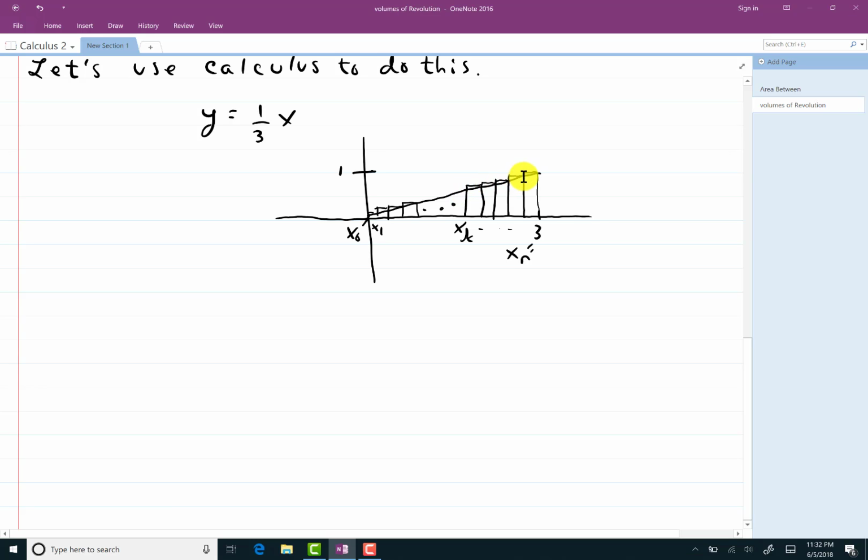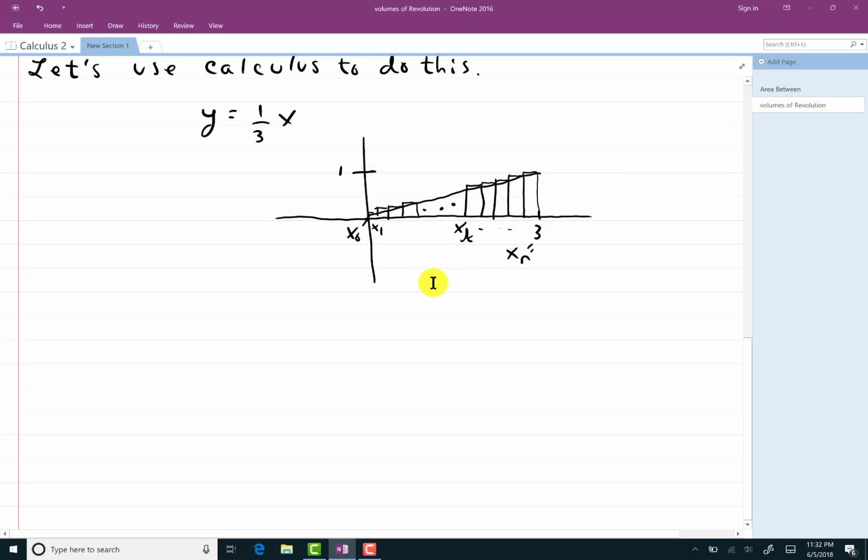Then we would let the number of rectangles increase to infinity, which would force the thicknesses of all the rectangles to go to nothing. Therefore, the area in the rectangles would eventually become exactly the area under the curve. And taking a limit, we usually had some formulas to work those out.